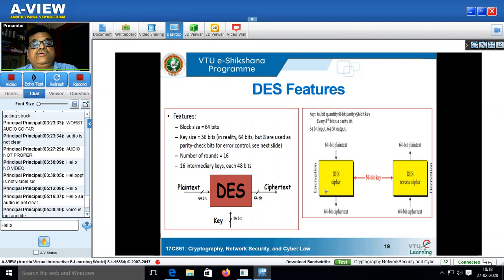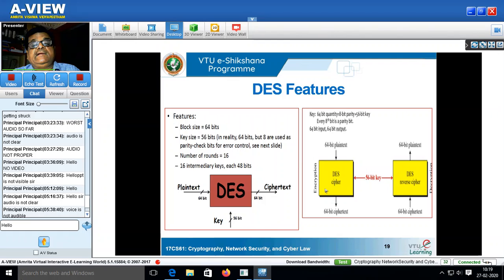We know in communication networks we add check bits such as parity check bits. So out of the 64-bit key size, 56 bits represent the key, and the remaining 8 bits are used for parity check, so that we can have good error control.